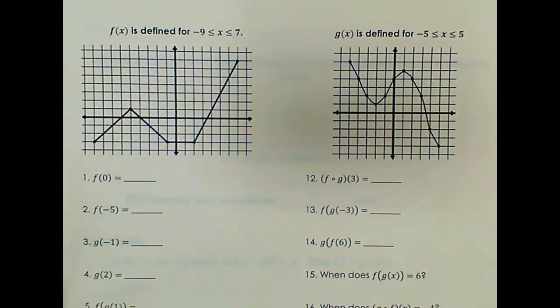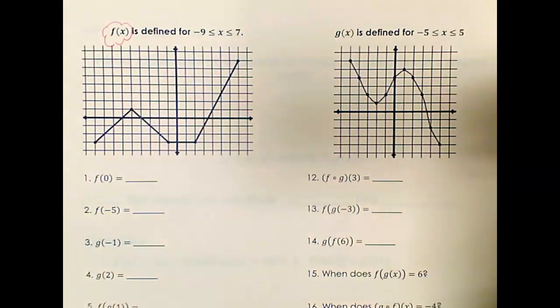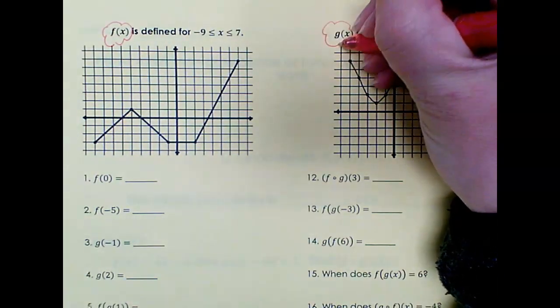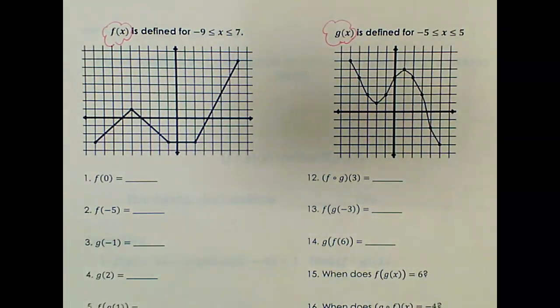So finally, we've moved to the back side of our notes. Notice that on the back side of our notes we have 2 graphs. One of them is for f of x, and one of them is for g of x. So whenever I evaluate some of my functions, sometimes it's as easy as just finding the x value and going up to the graph and picking out the y value.